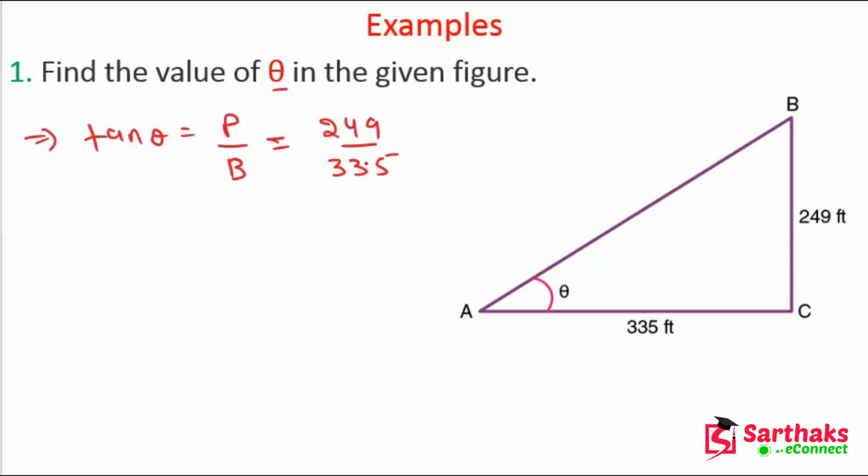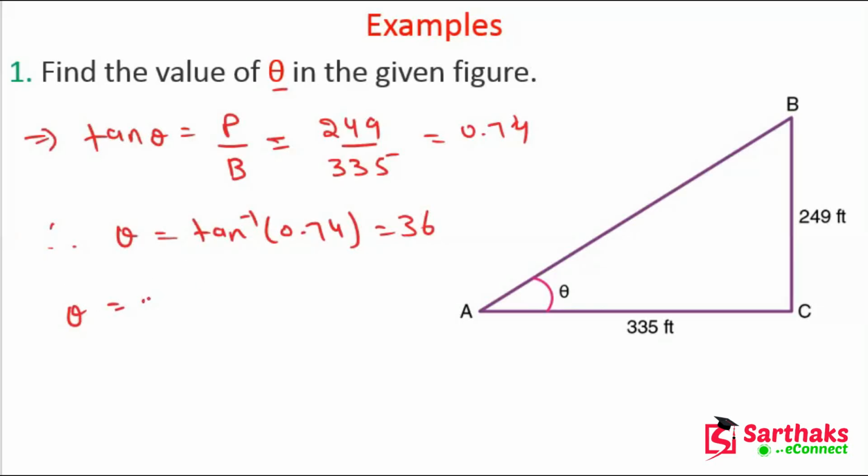If we solve it, we get 0.74. Therefore theta is equal to tan inverse 0.74, so we get 36. So theta is equal to 36 degrees. This is our answer.